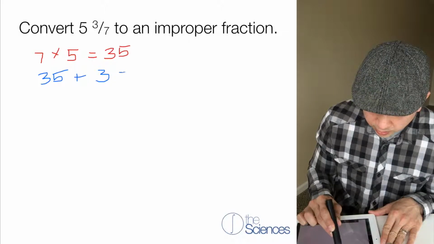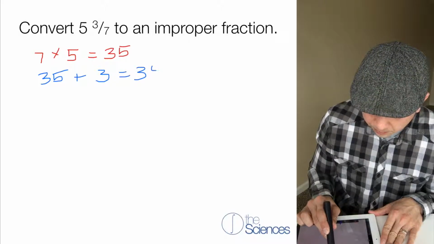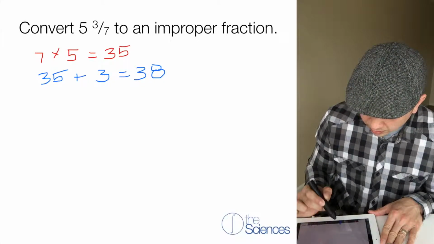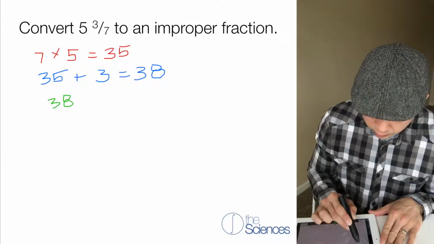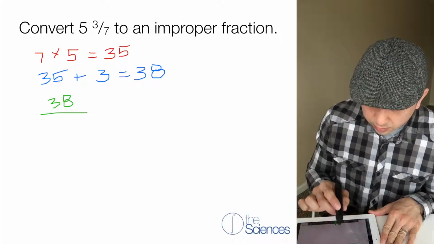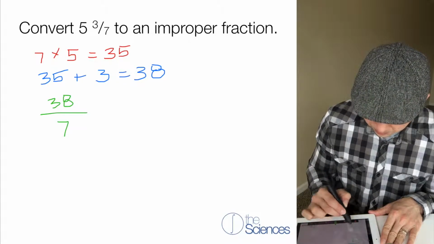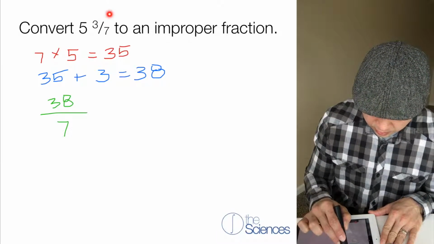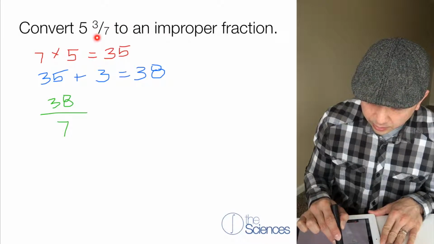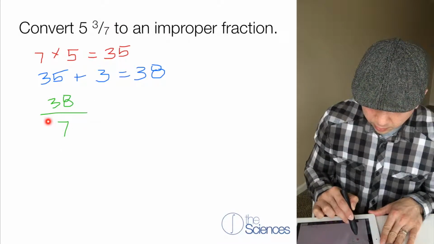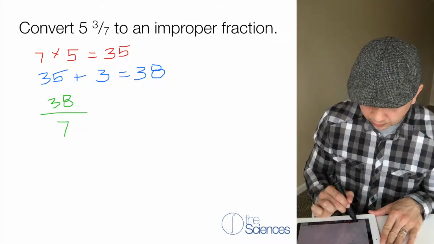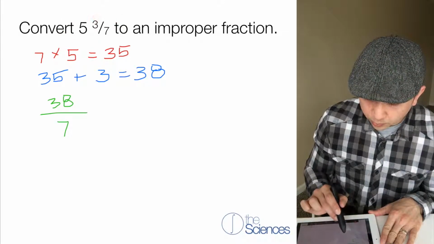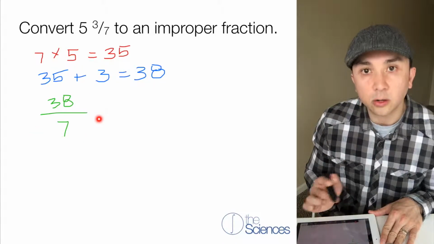So 35 plus 3 equals 38. Now we're going to take this answer, 38, and place it over the original denominator, which is 7. So converting 5 and 3/7 to an improper fraction gives us 38 over 7.